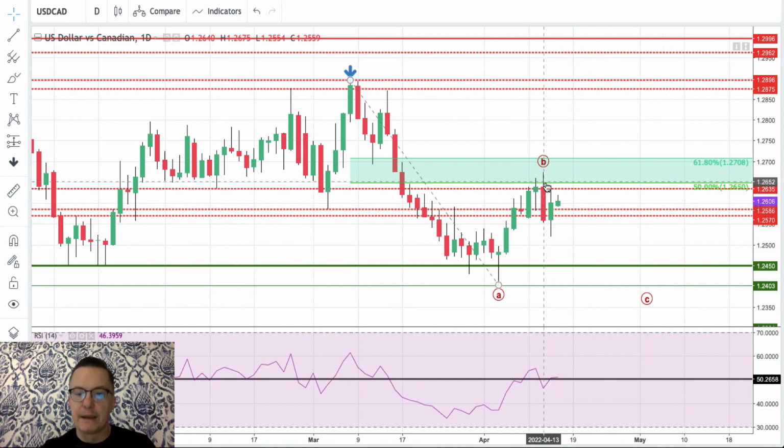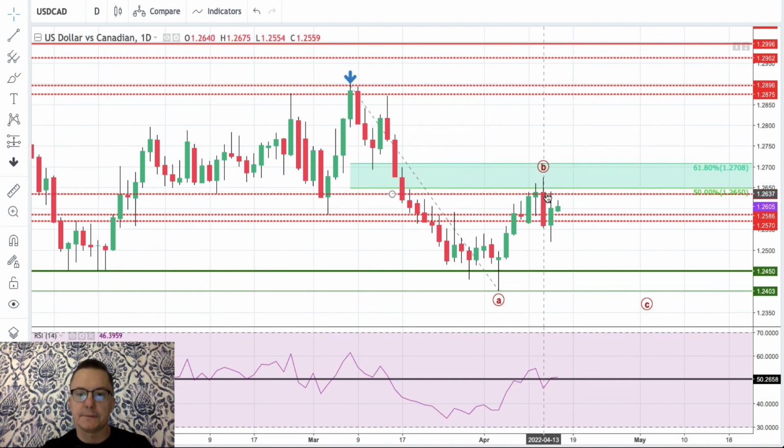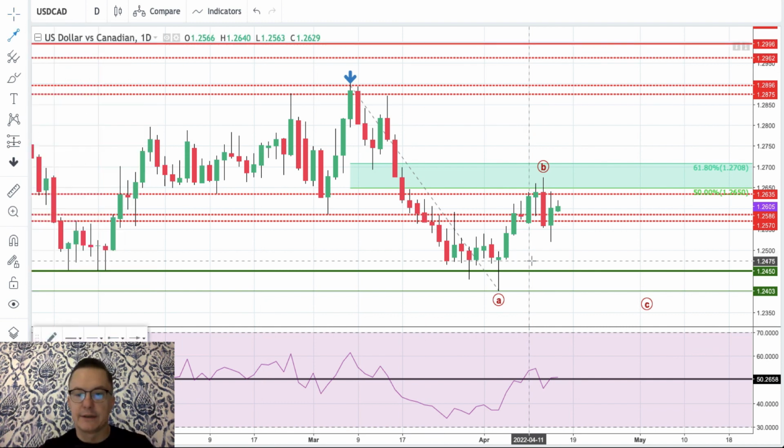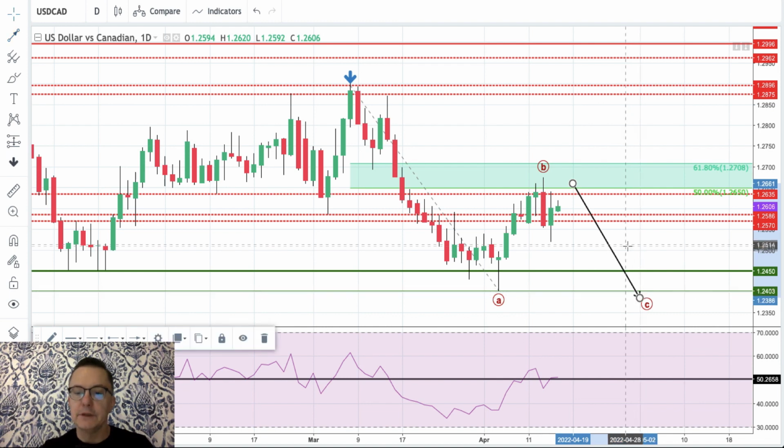We have a big engulfing pattern here at the top of the wave B at 1.2675. Okay, so this is the high for the wave B so far. It looks like this wave might be completed, so what we need now is the wave C to the downside. So let me just put the arrow here, and we need this wave here.